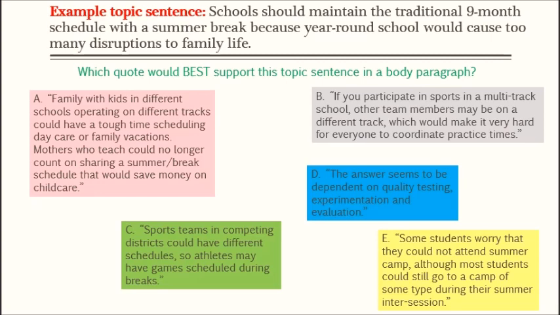I want you to look over these and think, which of these quotes is going to relate back to schools should not switch to year-round? This pink one right here, A, says families with kids in different schools operating on different tracks can have a rough time scheduling daycare or family vacations. Mothers who teach could no longer count on sharing a summer break schedule that would save money on childcare.